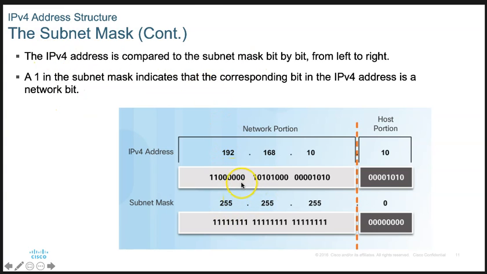Well, I told you earlier, one of the many jobs of the subnet mask is to divide an IP address into two parts: what part is the network ID and what part is the host ID. This is number one. So a subnet mask's job is to take an IP address and break it down into two parts. What part of it is the network ID and what part of it is the host ID?